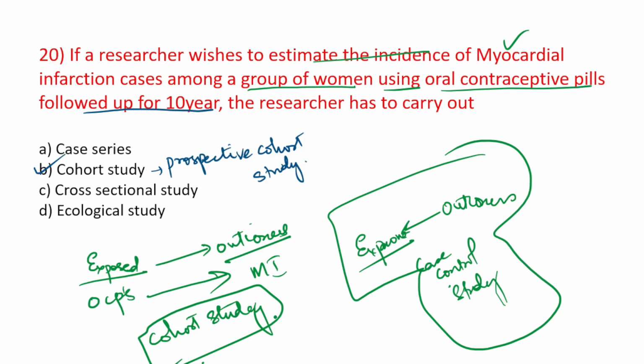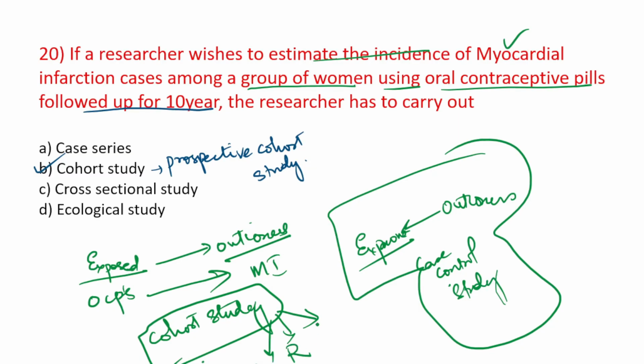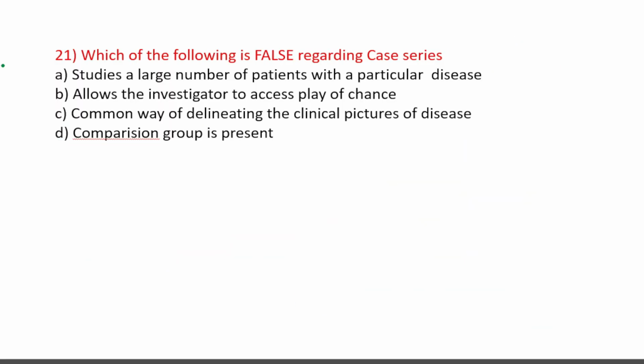Under cohort study, if you go further, there are three types: prospective type, retrospective type, and hybrid type, that is both prospective and retrospective. So in this question, as I already told, it is a prospective cohort study where you are estimating the incidence of MI among women who were using oral contraceptive pills and followed up for 10 years. So you are going forward from exposure to outcome. Please remember this explanation. Next question.